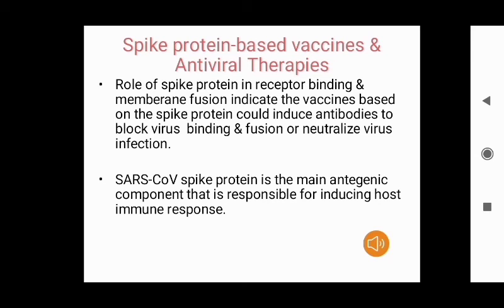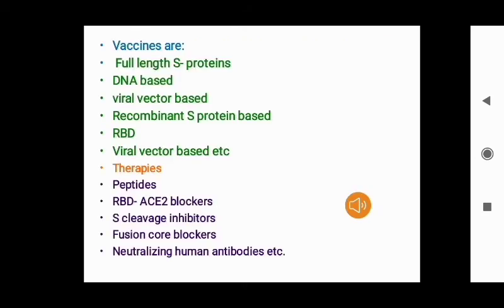Among all the structural proteins of SARS-CoV, spike protein is the main antigenic component that is responsible for inducing host immune responses, neutralizing antibodies, and/or protective immunity against the virus infection. Spike proteins have therefore been selected as an important target for coronavirus vaccine and antiviral development. Now here are some vaccines against COVID-19.